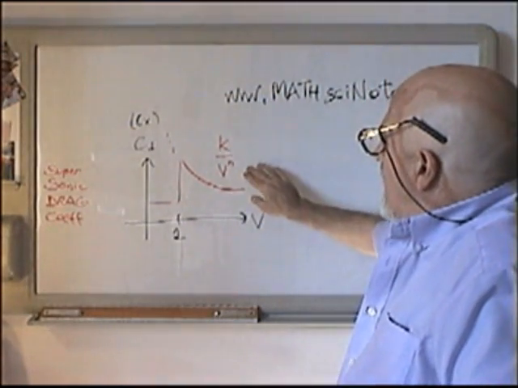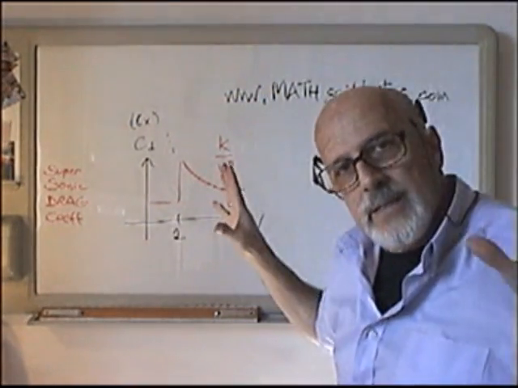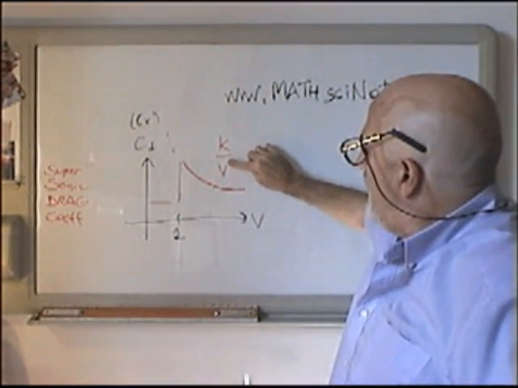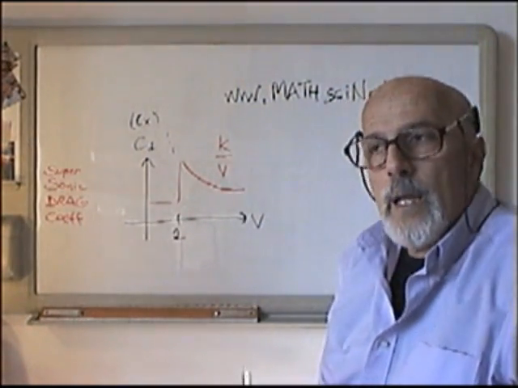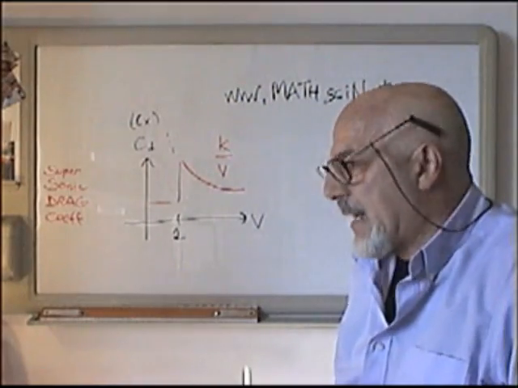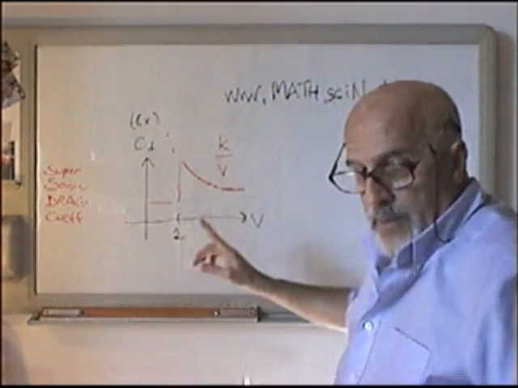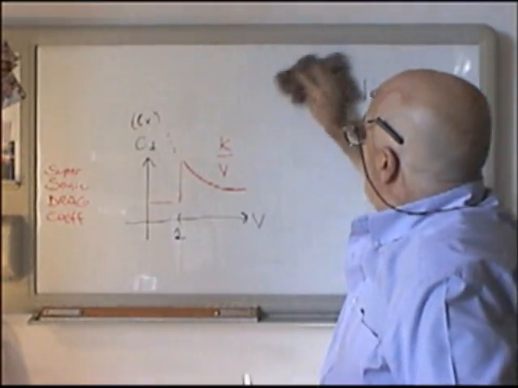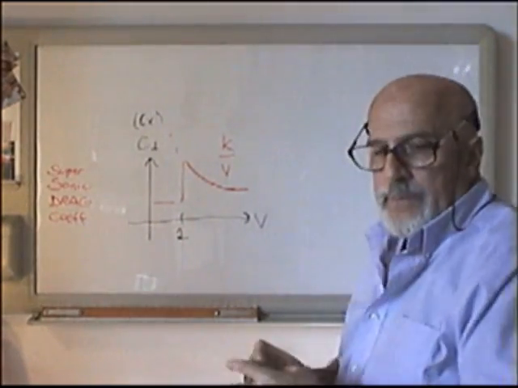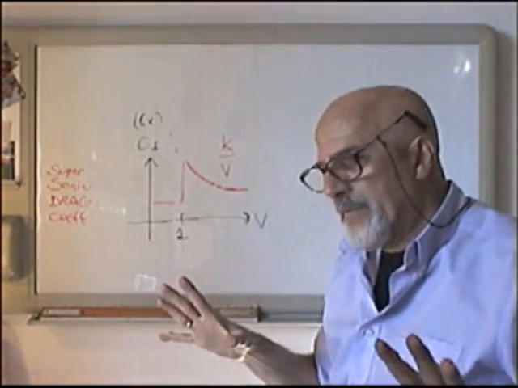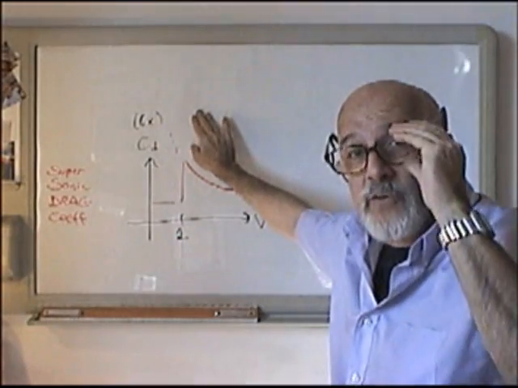Thinking about the simplest situation, I mean the v alone, k over v means that the actual total drag, because this is the coefficient, not drag.